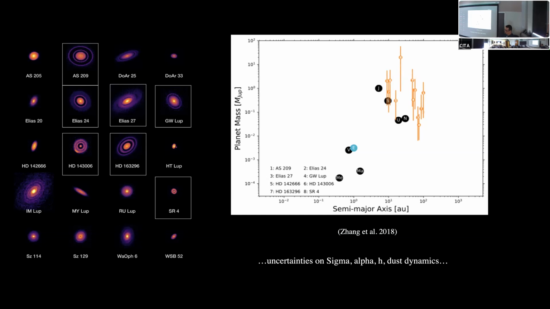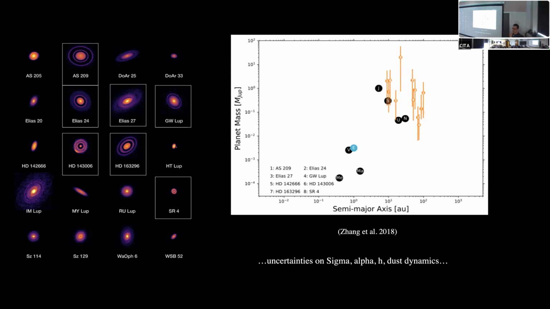Looking at the dust, these are the masses you can get from planet interaction. They go from, say, 10 Jupiter masses, with huge error bars because of the uncertainties in all of these quantities, to maybe Neptune masses. So here are Uranus and Neptune.